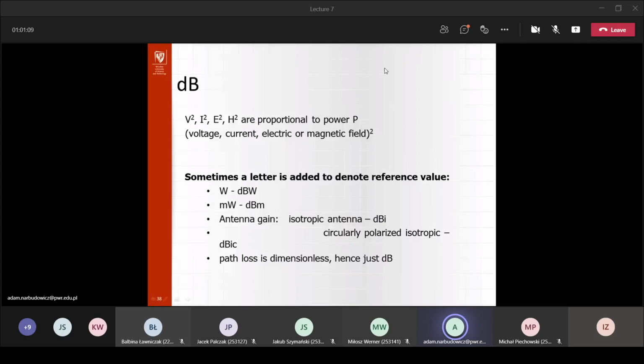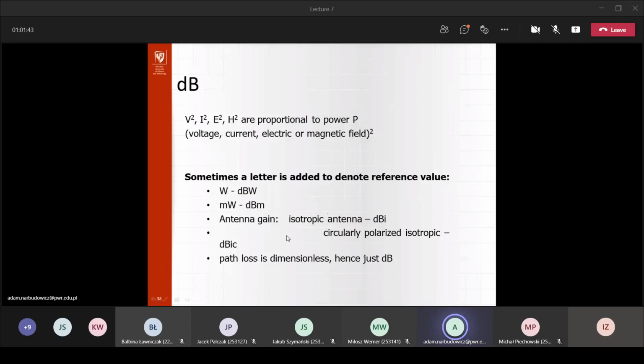So now I mentioned that decibels are a relative scale, and sometimes to avoid confusion, a small letter is added after dB, which is basically to denote what the reference value is. If the reference is 1 watt, then dBW, capital W. If it's a milliwatt, then dBm, small m for milliwatts. That's the convention.